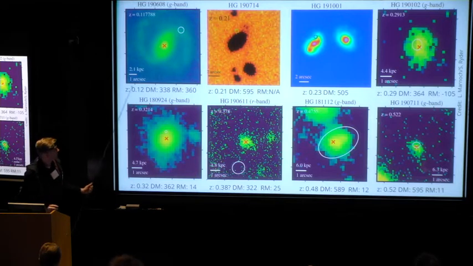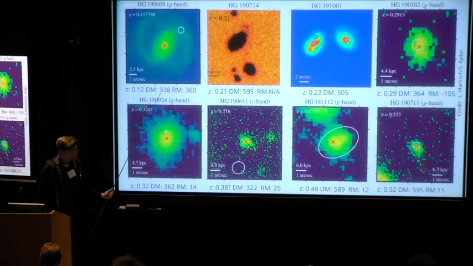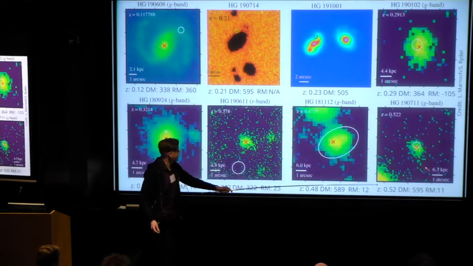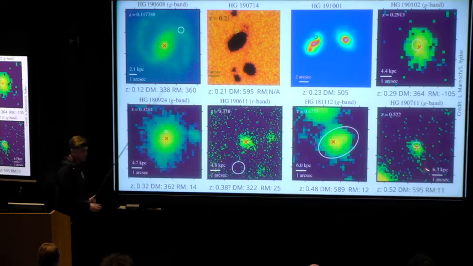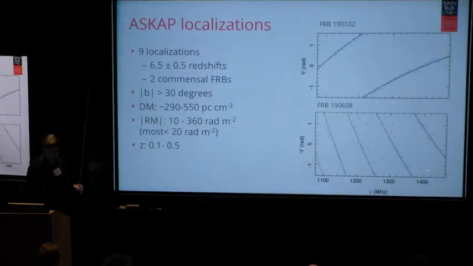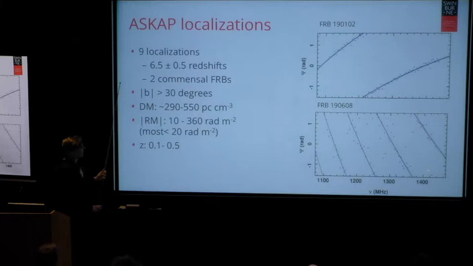You can also see that we've measured rotation measures, and the rotation measures vary from the order of around 10 down here to 360 up here. So yeah, I said there's 9 localizations. I'm going to call it 6.5 plus or minus 0.5 redshifts.